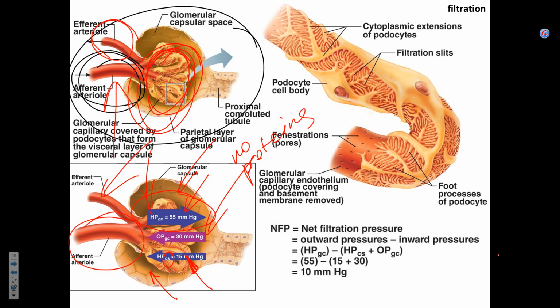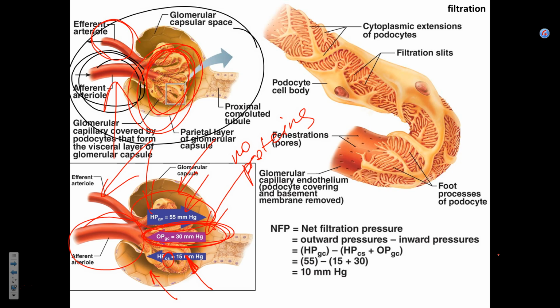What is the role of proteins like albumin in the blood? What type of pressure do they create? It starts with O, osmotic pressure. If you have proteins on one side of the membrane, inside the capillary, but no proteins in the filtrate, then proteins in the blood will draw the fluid back into the capillary of the glomeruli.